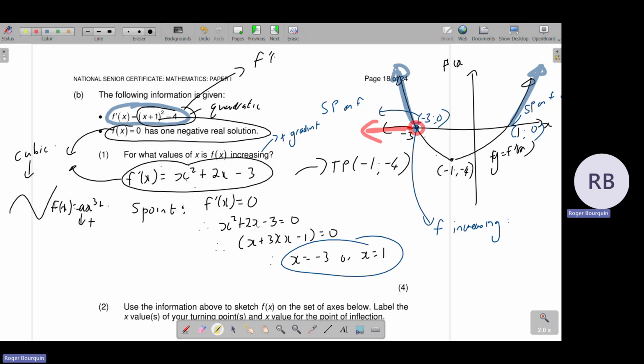So there's your first region. Then over here, it will have negative gradients, it will be decreasing. And then over there, it will be increasing again, right? So what's your final answer? When is f increasing? When x is less than -3 or x is bigger than 1.